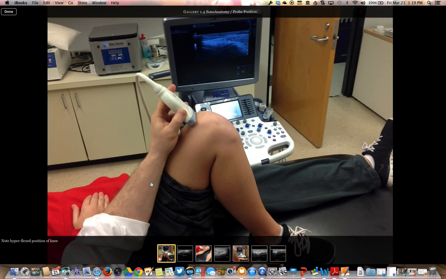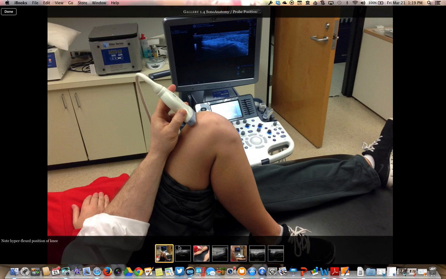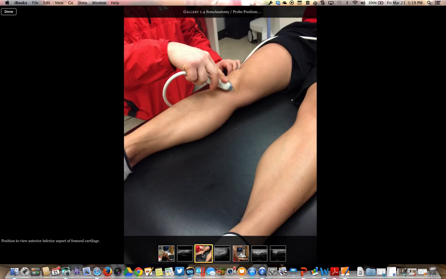Here's a picture of the knee position. Note the knee is hyperflexed to look at the cartilage, which is V-shaped here. A blown up picture of the trochlear cartilage with the quad tendon above. Knee position for the middle portion of the cartilage.